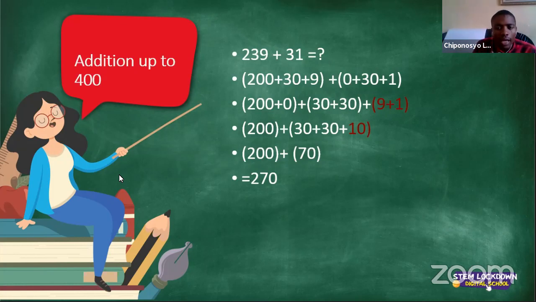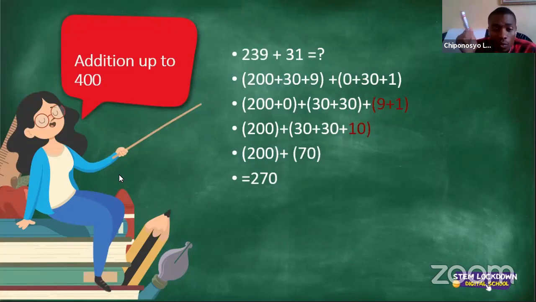Now we go to our next step, which is that we must add everything together. But here's something: 9 plus 1 is equal to 10. So that 10 is going to be added to the other tens. Now there are no more units, because 9 plus 1 is equal to 10, meaning all our units are used up in this example.